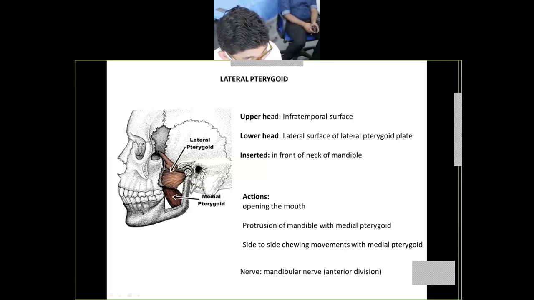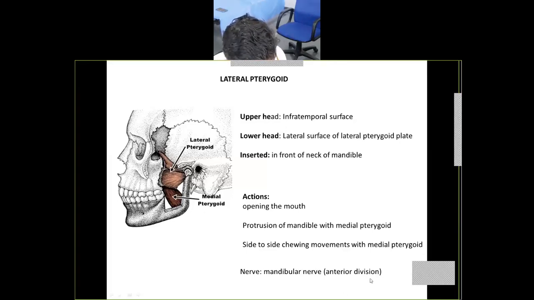So this is the lateral pterygoid: two areas of origin, upper head and lower head, and insertion in front of the neck of the mandible. Nerve supply, mandibular nerve, anterior division, main action, opening of mouth.